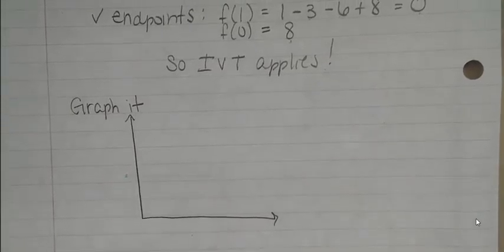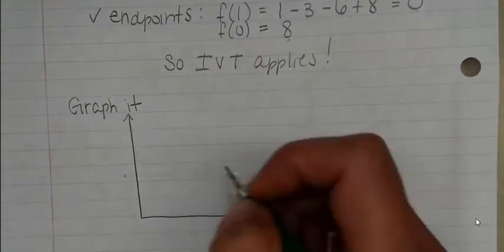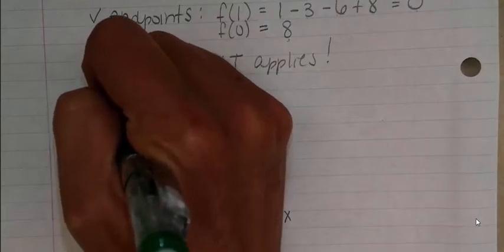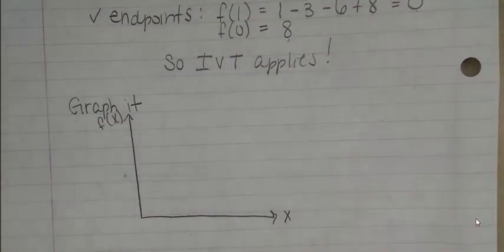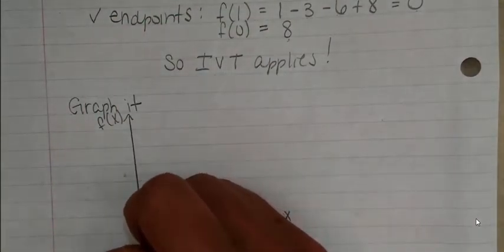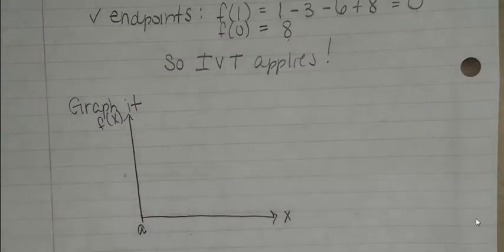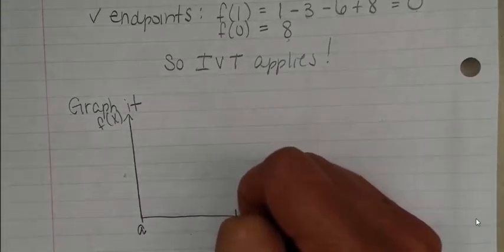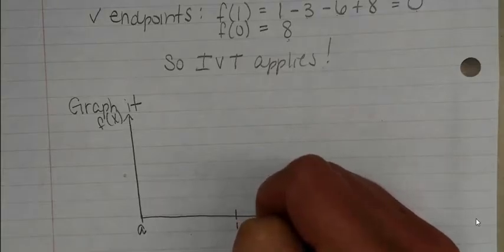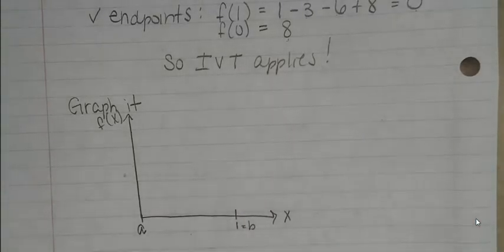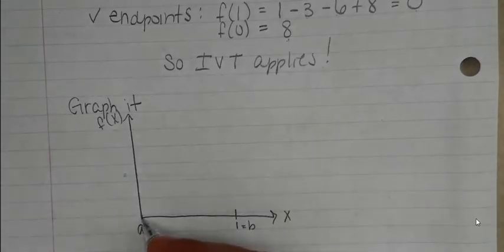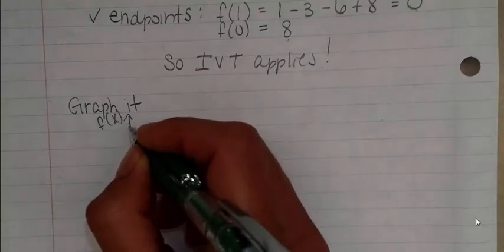All right, so I'm actually going to go, let's see, so this is x, this is f of x. So I know that a is here. I know that b is 1, so that's going to be my b. And then I know that my outputs, when I plug in a, which happens to be 0, I get 8 out.